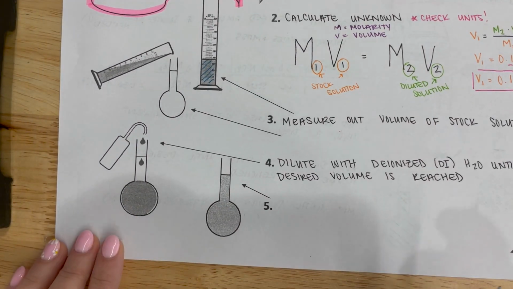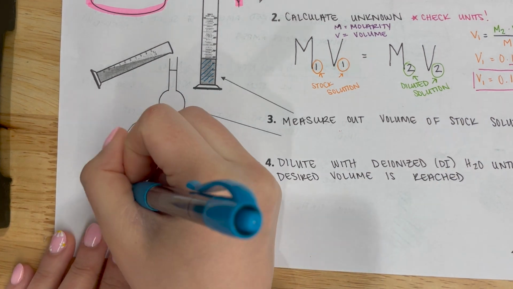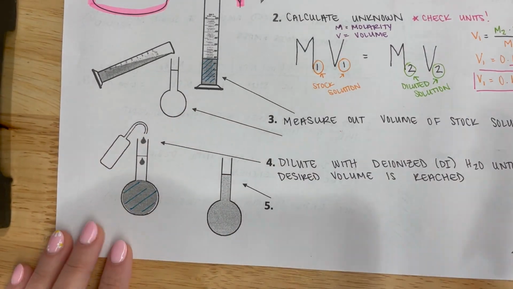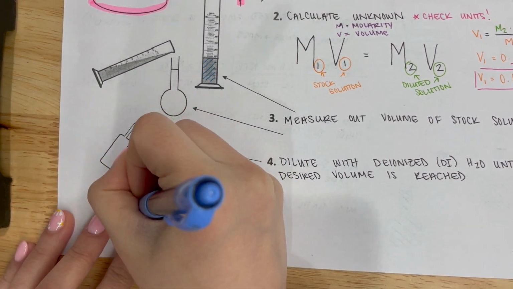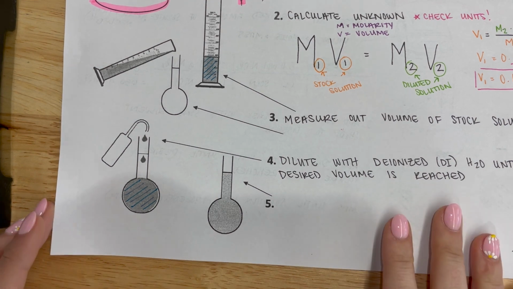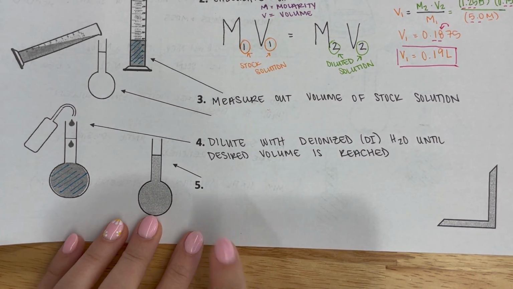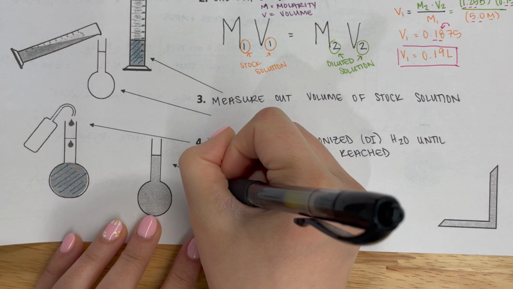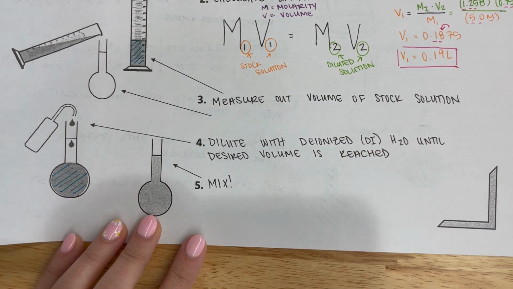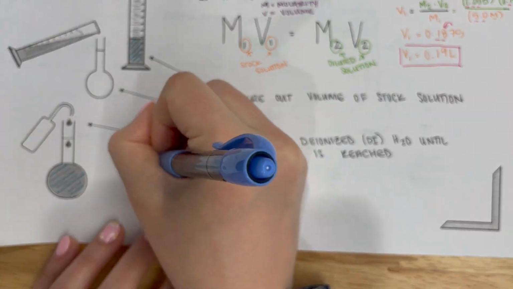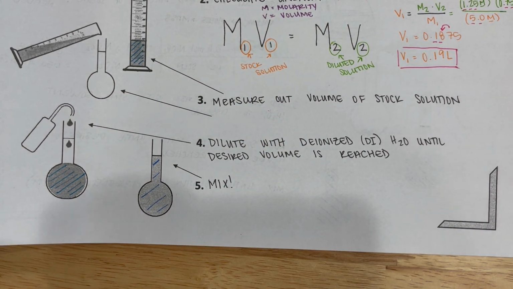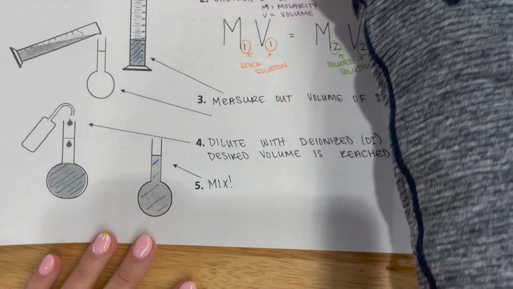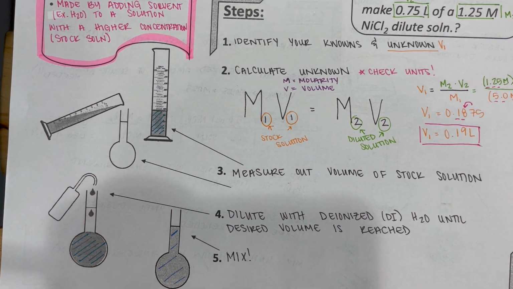So over here, we would have our concentrated solution, but we're adding water in, so it is getting lighter by the moment. And then in step 5, we're just going to mix this once again until we get a uniform diluted solution.